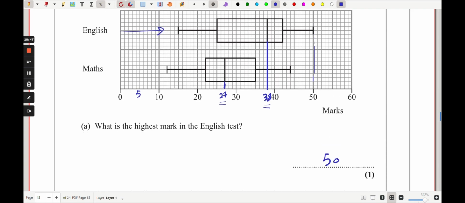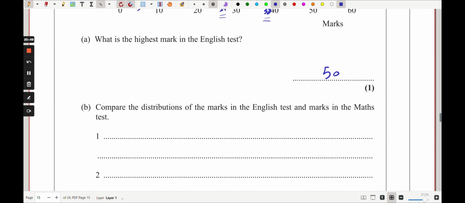First point is the median was higher in the English test.